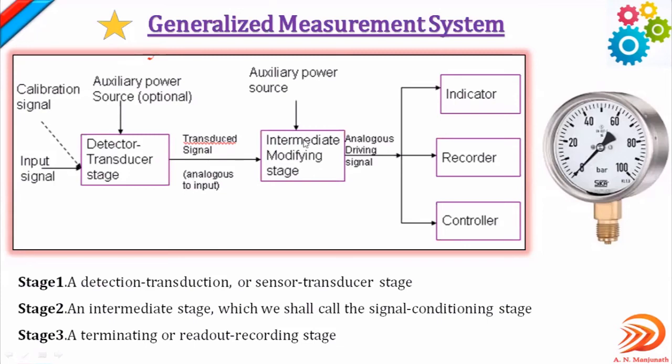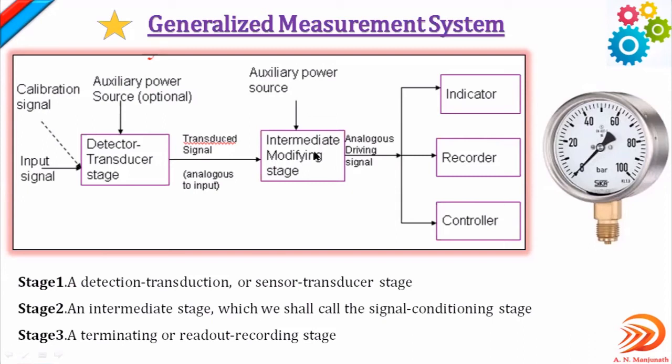It will make the signal to that standard which will be acceptable by the third stage. That is, the output of the second stage will be the input for the third stage, which is the readout stage, right?